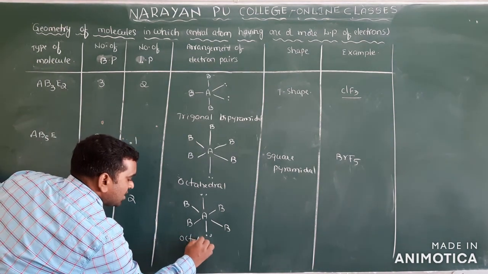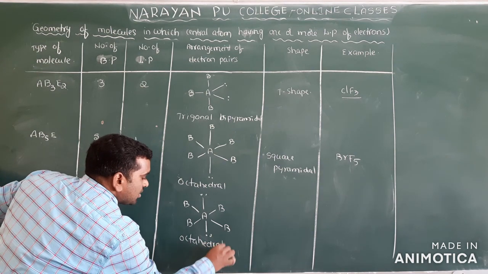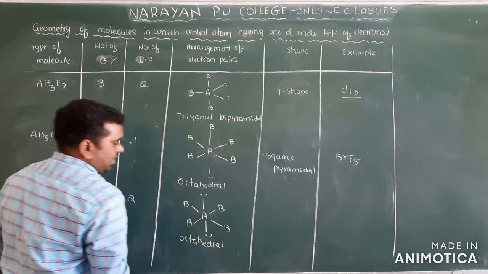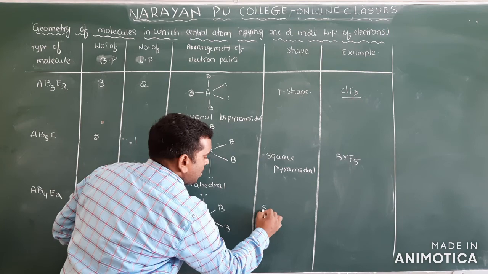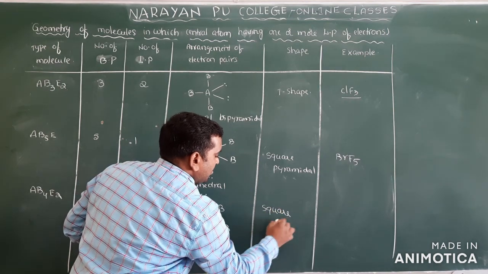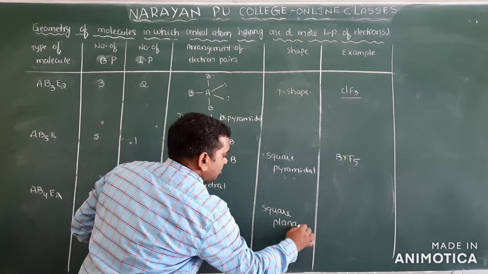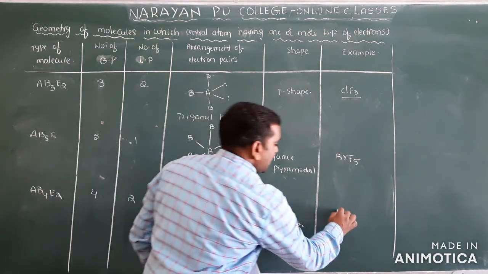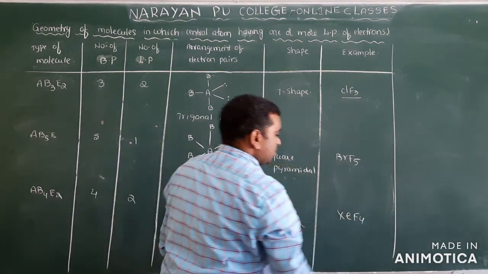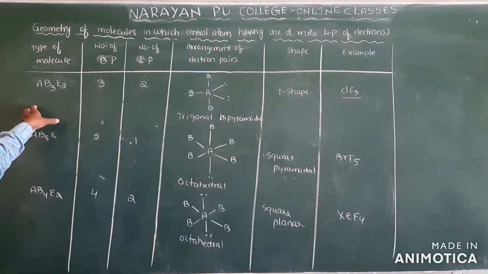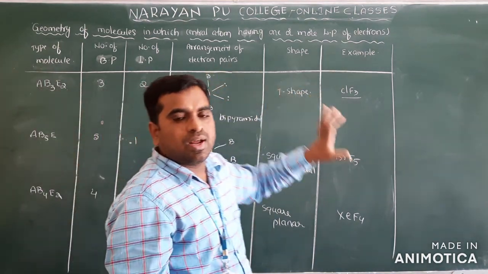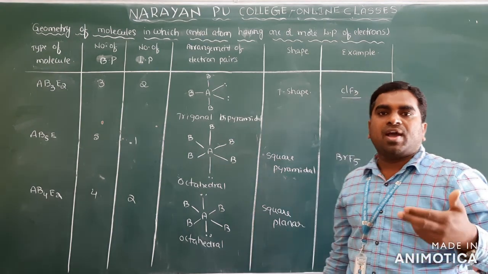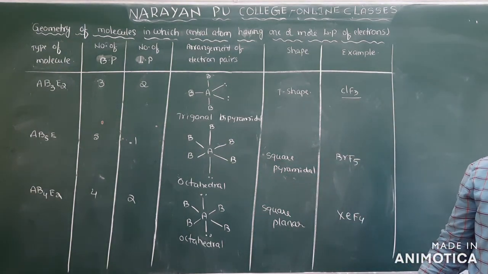The arrangement is octahedral, but the exact shape of this molecule is square planar. Square planar. The example here is XeF4. These are the shapes of molecules when lone pairs of electrons are present on the central atom.